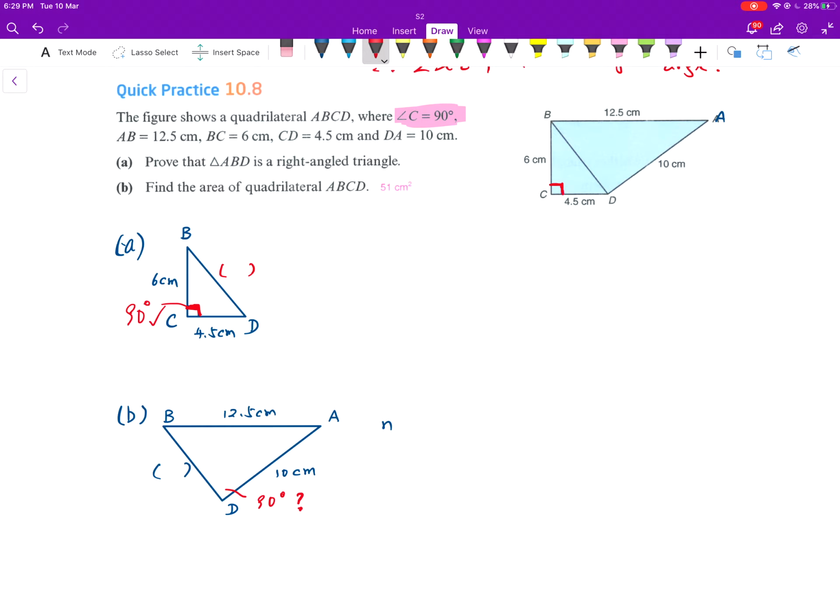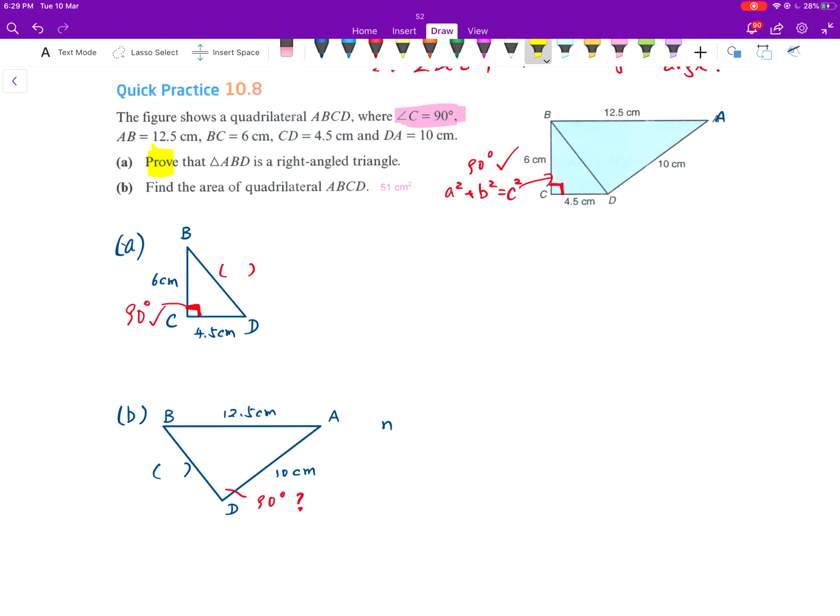So for this triangle, we can apply the Pythagoras theorem, because it is given a 90 degree. And prove that triangle ABD is a right angle triangle. Prove means we need to show it step by step.